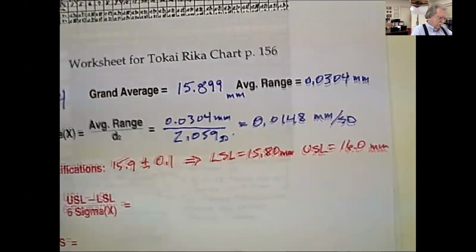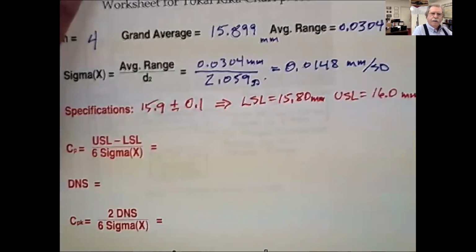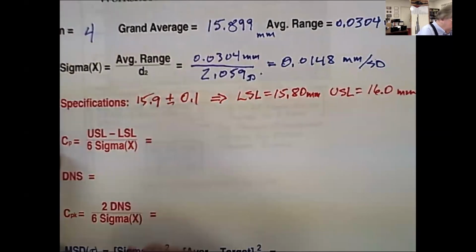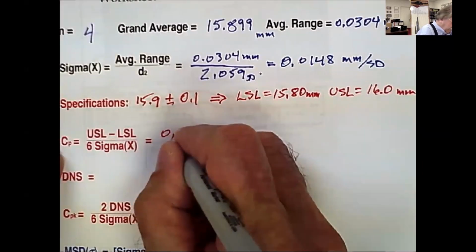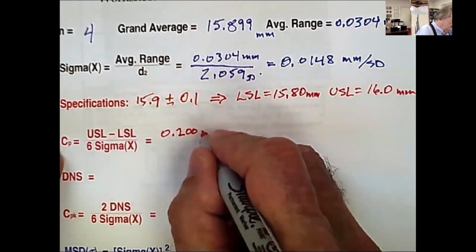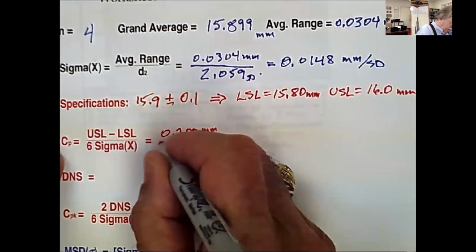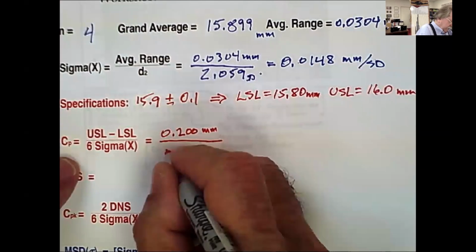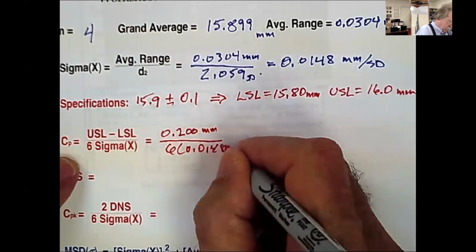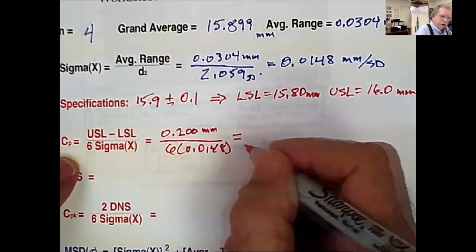So, what about our capability? I'm not going to worry about the continuity correction factor here. Sometimes we ignore it, just use the upper and lower specs. And I'll just do that here. So, 0.200 millimeters divided by 6 times 0.0148 millimeters.